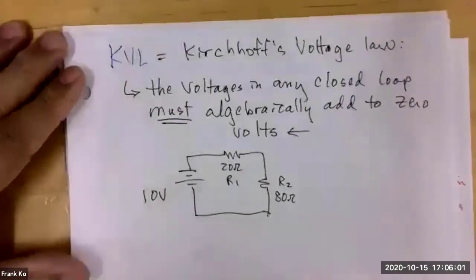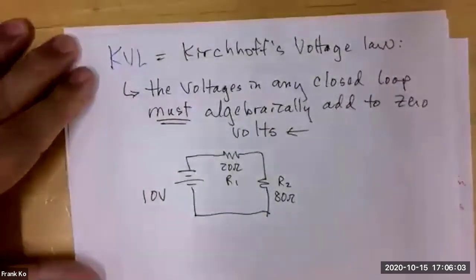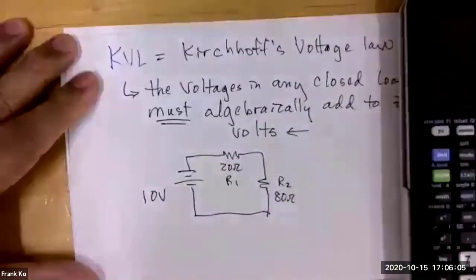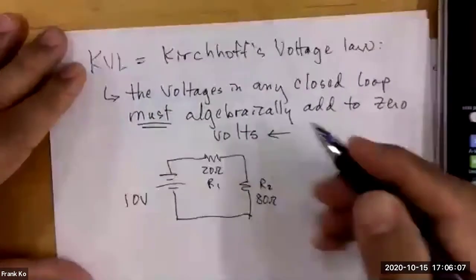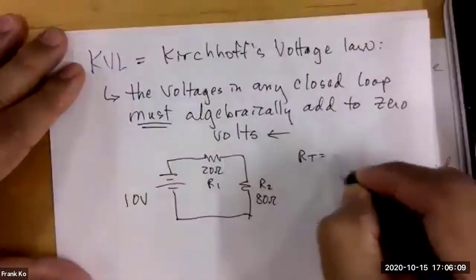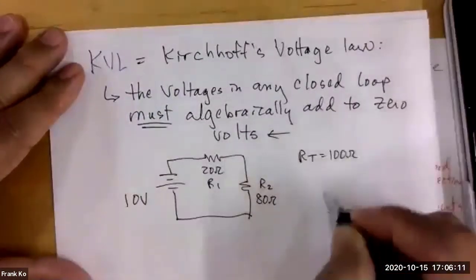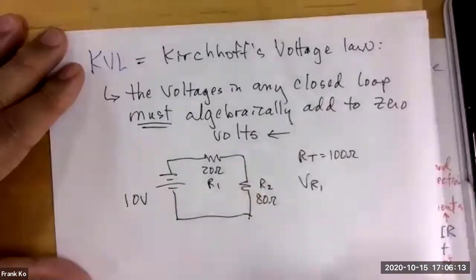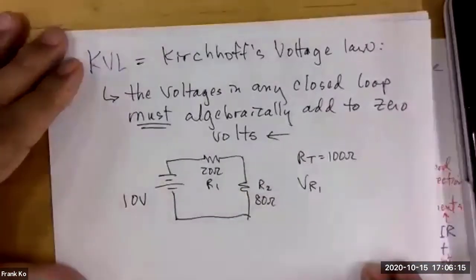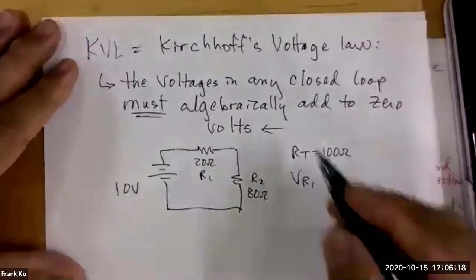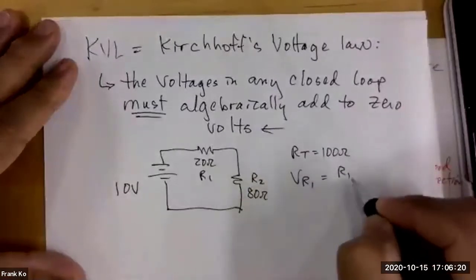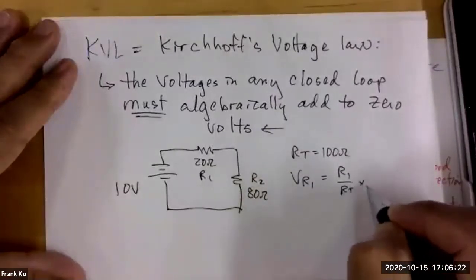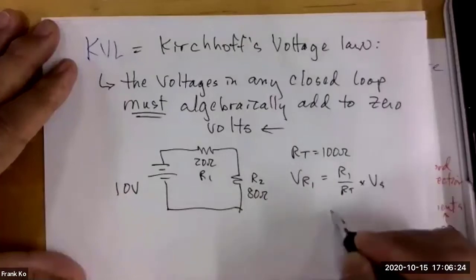If I go to do this, could we calculate very quickly my RT? RT equals 100 ohms, yes? So what is my VR1? VR1 using the voltage divider formula was what? Equal to R1 over RT times my voltage source, yes?